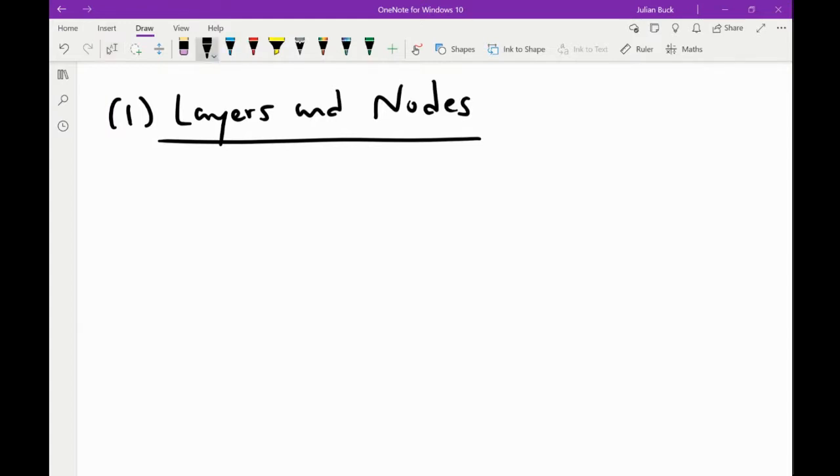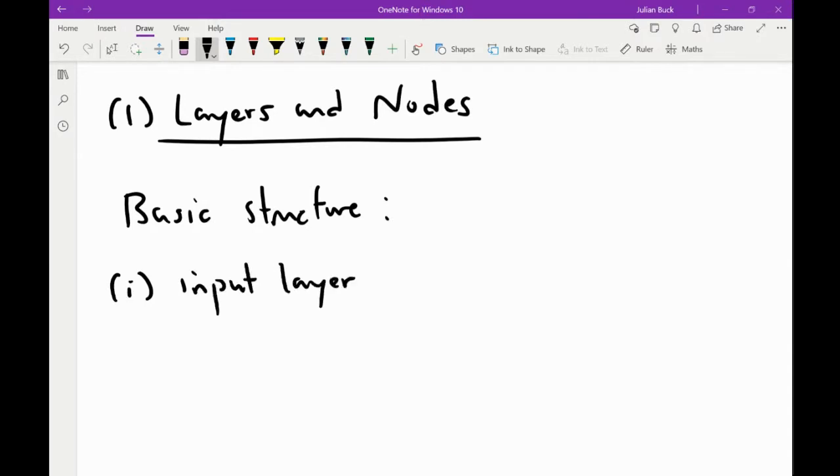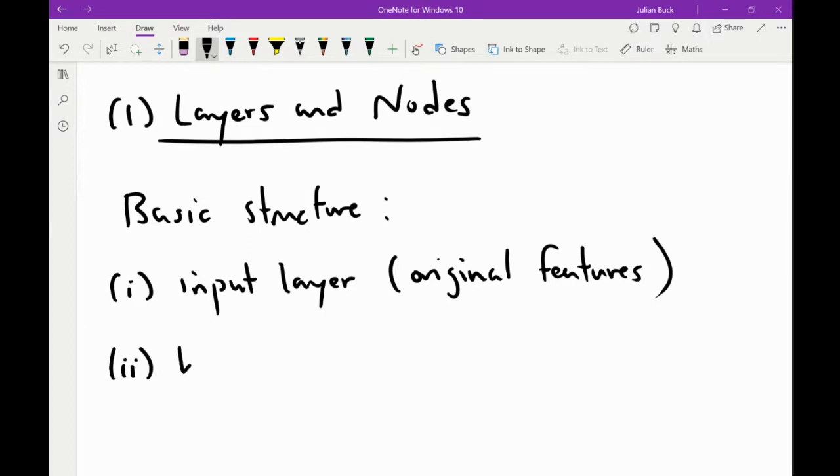Okay, so as we've already seen, we have the following basic structure for the layers. We have an input layer. These are the original features, in other words, the features of the data as it's presented to us. Then the hidden layers. These are the learning layers.